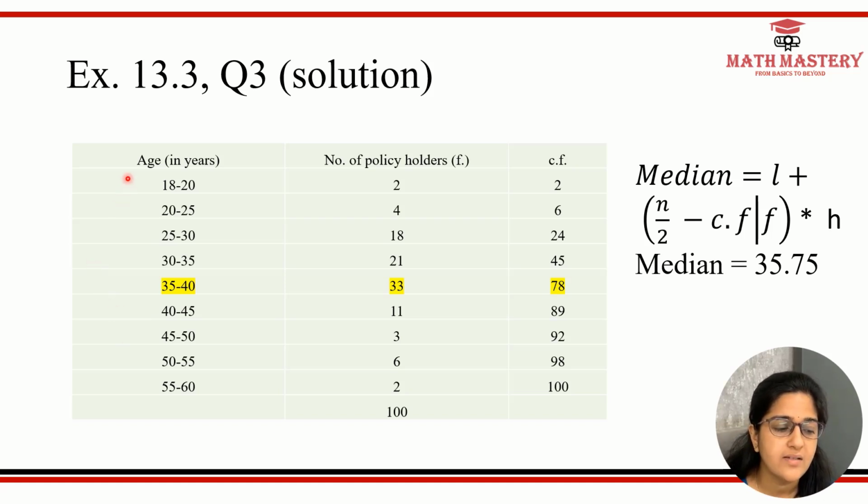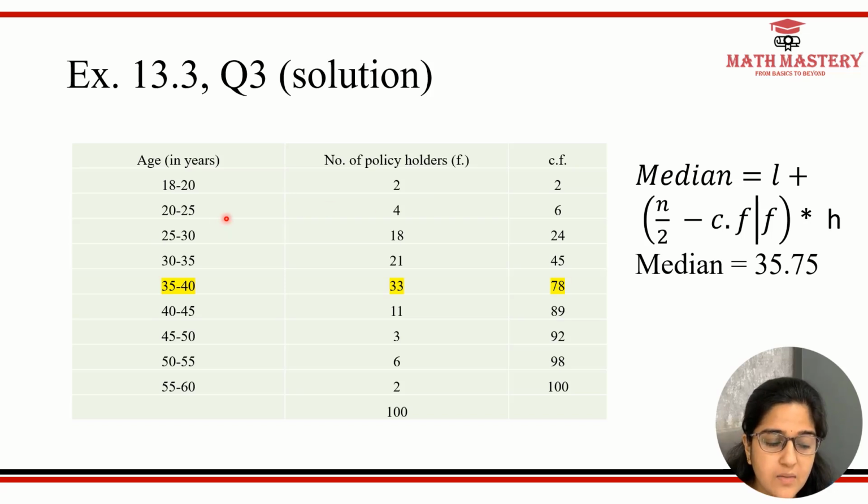So the first class interval is 18 to 20, and we have to find the frequency from the cumulative frequency. The frequency for the first class interval is 2.